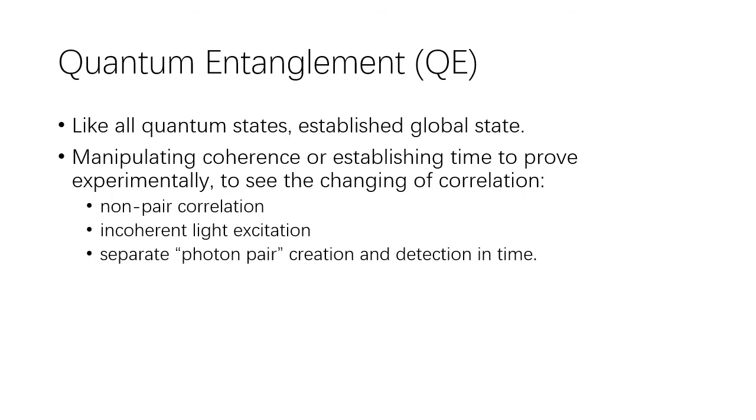In standard interpretation, we believe that the public concept of quantum entanglement is a misnomer, and the Bell experiments have been misinterpreted. Like all other quantum states, quantum entanglement state is an established global state. It is globality, not non-locality. We can prove it experimentally.